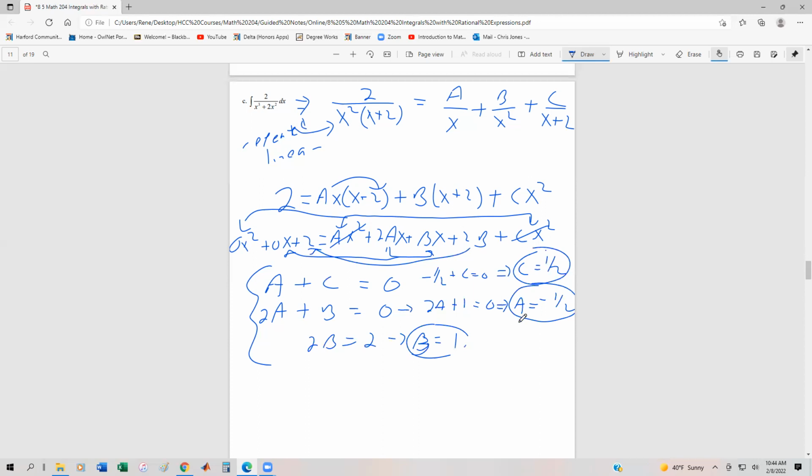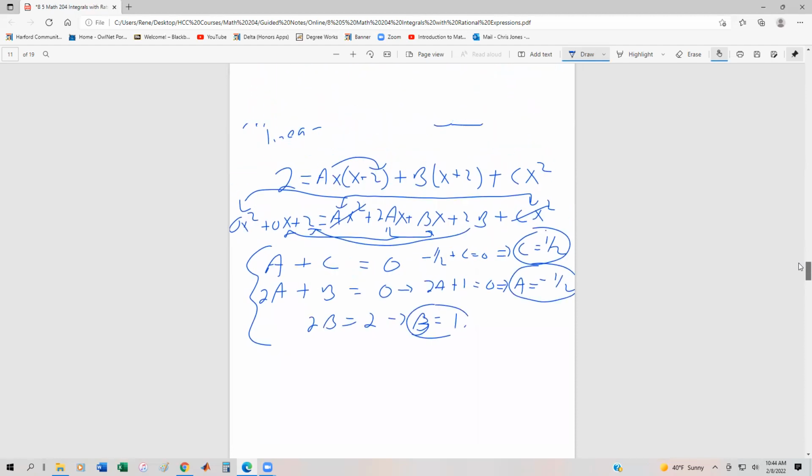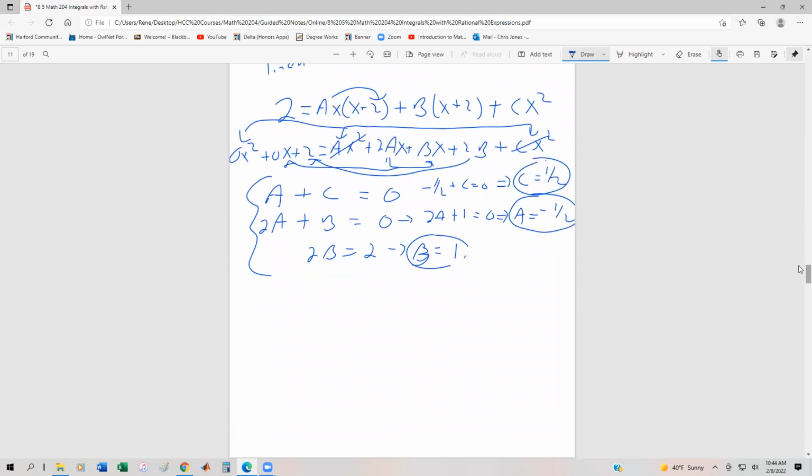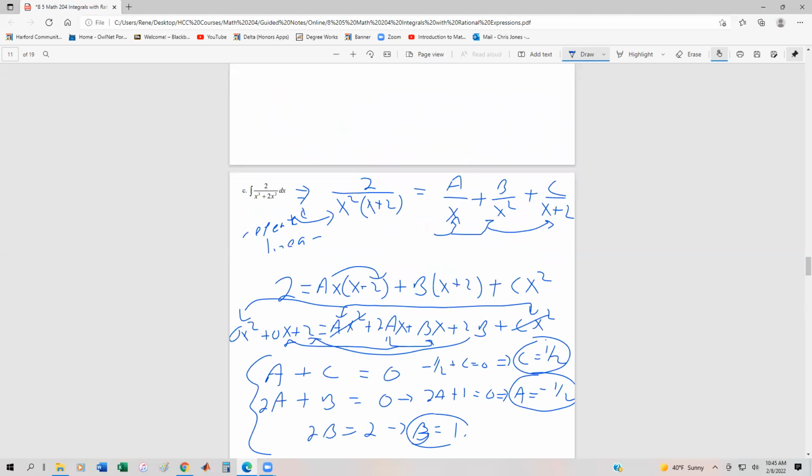And now what we can do is we can go ahead, just stick everything back in here, and then integrate term by term. And we're going to get a little bit different sort of answer than what we've gotten in the last few examples with these integrals. So now we're going to have the integral of -1/2 over x dx. And remember, what we're doing is we're just substituting back in right here for A, B, and C, and then just throwing the integral sign in front of those.